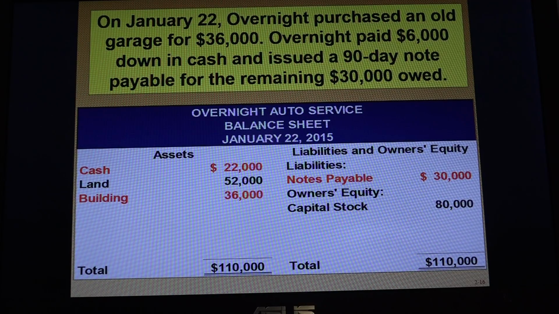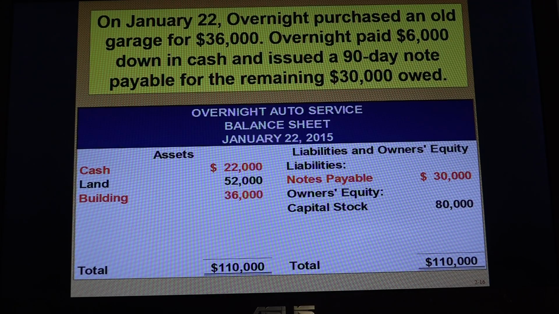So you're now down to $22,000. You now create a new account called Building and put it on the books at cost, $36,000. And then you add your notes payable as a liability, $30,000. So look what's happened.